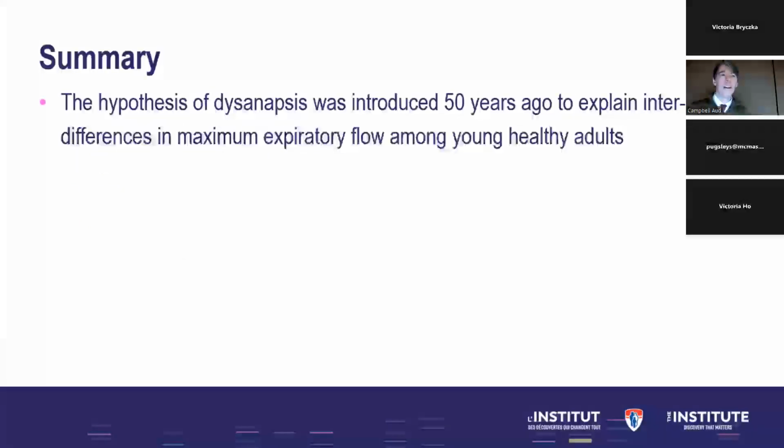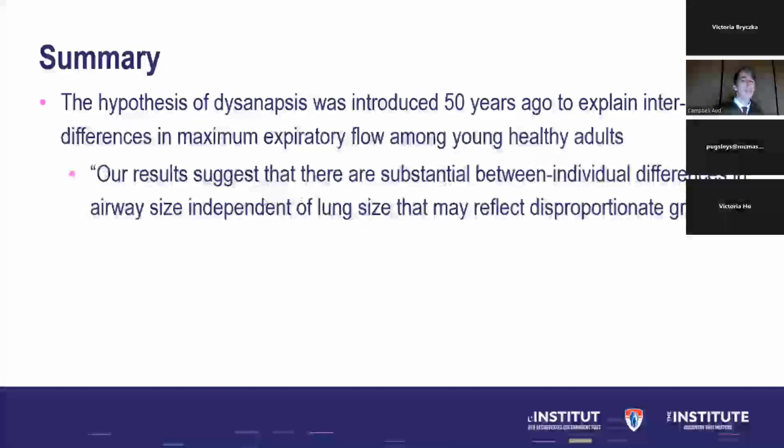So to summarize, the hypothesis of dysanapsis was introduced 50 years ago to explain inter-individual differences in maximum expiratory flow among young, healthy adults. Our results suggest that there are substantial between-individual differences in airway size independent of lung size that may reflect disproportionate growth.